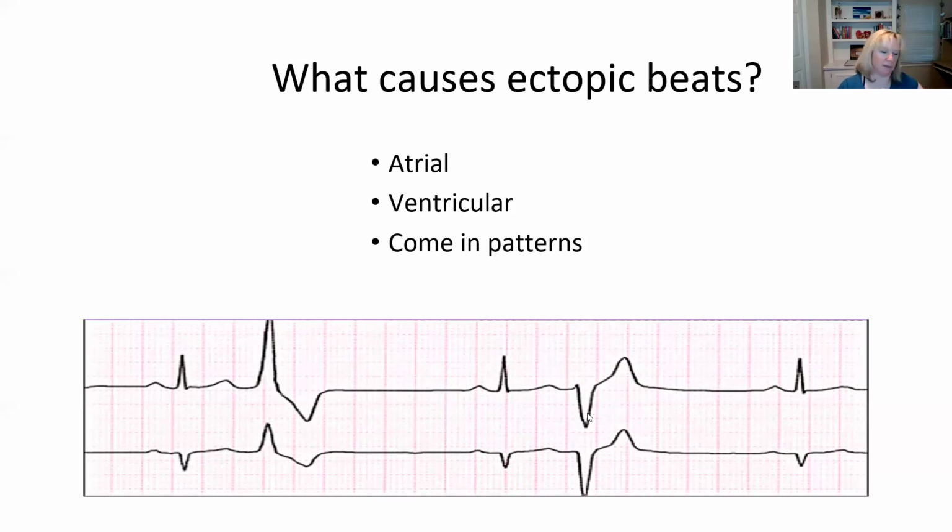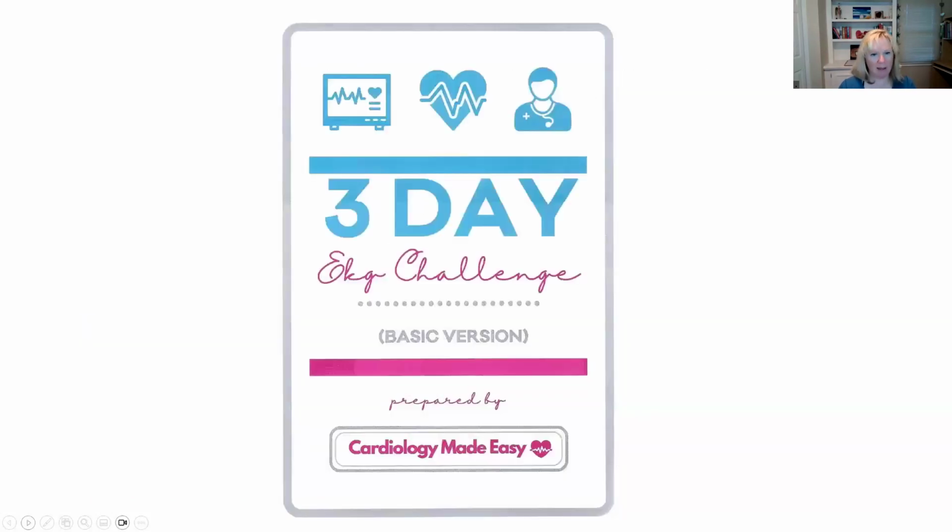We haven't really talked about that term, but morphology means shape. When you have more than one shape of PVC, that's alarming because that means more parts of the heart are experiencing, most likely, ischemia. So we get really, really worried about multifocal PVCs coming from more than one foci.